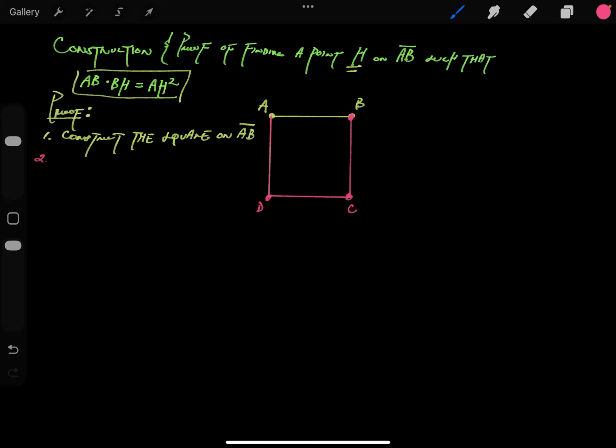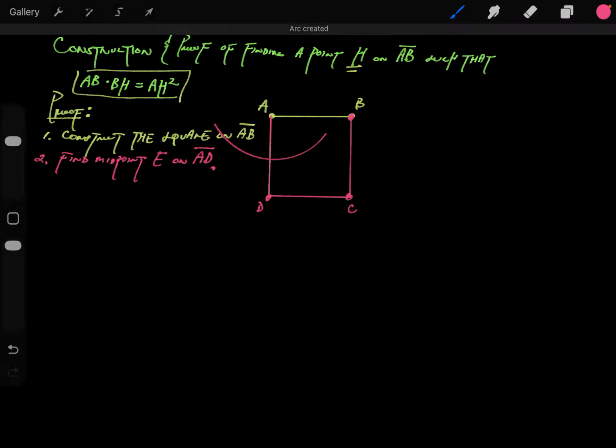And then the second thing is to find the midpoint E on AD. To find the midpoint, we would need to do the perpendicular bisectors. We would open our compass to more than halfway and draw an arc like that.